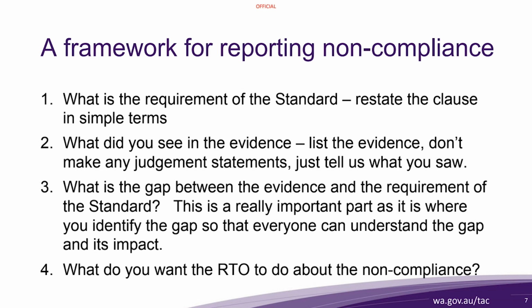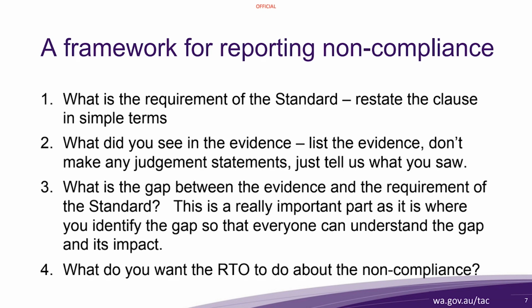But in an internal audit, this is where you can actually provide specific advice about how you might want the RTO to actually address whatever it is that's the problem within what they're doing. So this framework, once you actually get used to using it, is a very, very quick way of structuring, writing non-compliances so that it is very, very easy for the people who are reading the report to understand what it is they need to do.